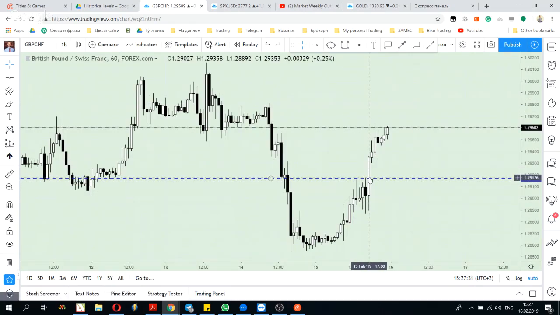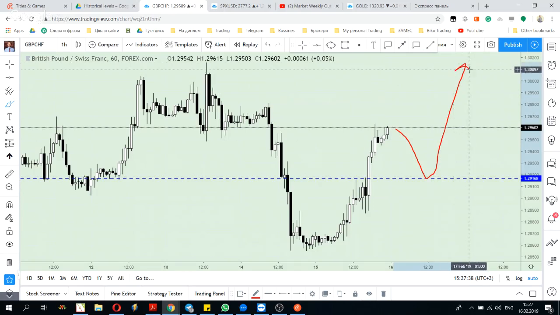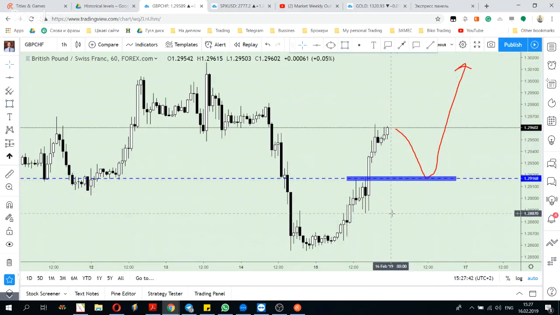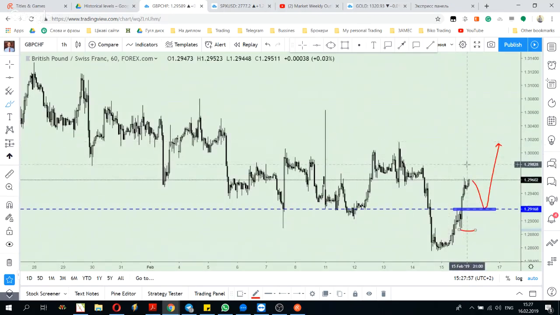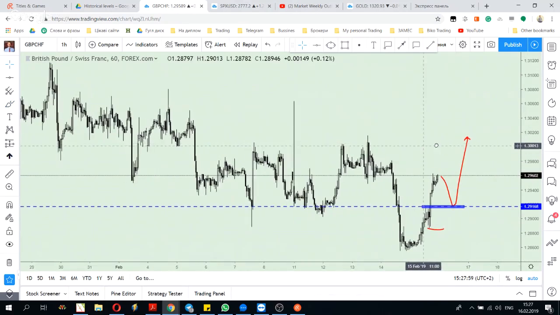Here, as you see, is a pretty nice level: on Monday, if the price makes a pullback, here would be a good place to open an entry with a stop loss under this low. It would be near 25 city pips. It will be a really good entry.